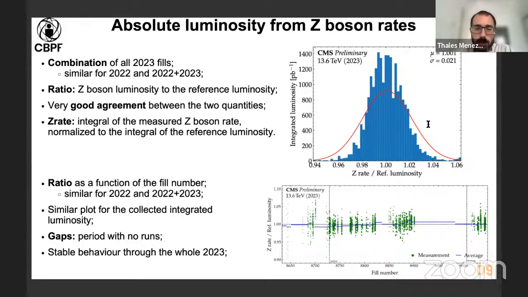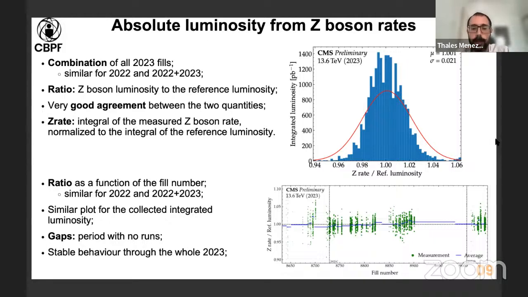But if you are interested in how this ratio between the luminosity from the method and the reference one behaves throughout the different fields of the year, for instance 2023, you can look at the plot on the bottom side, where you can see the different measurements of this ratio for the different fields in the green points, and the average value of those measurements in blue.